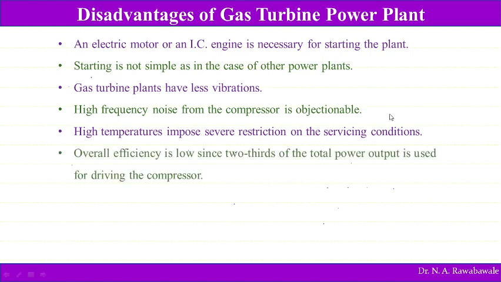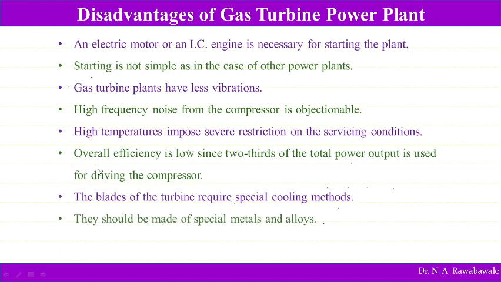Overall efficiency is low, since 2/3 of the power output is used for driving the compressor. So 60% is used for driving the compressor and 30% is used to generate electricity, therefore the overall efficiency is less. Blades of the turbine require special cooling methods because the gases enter at very high temperature.